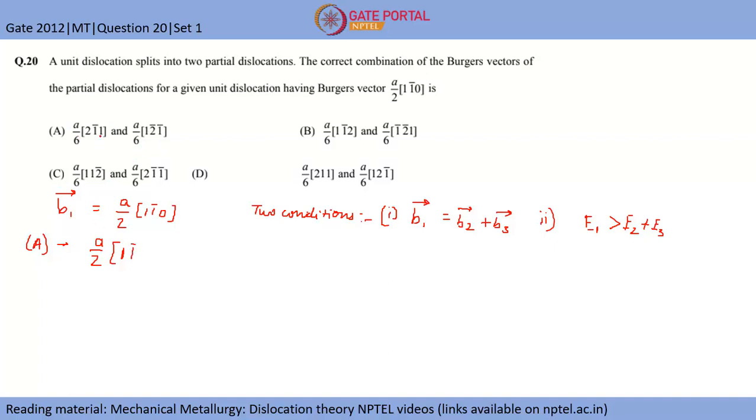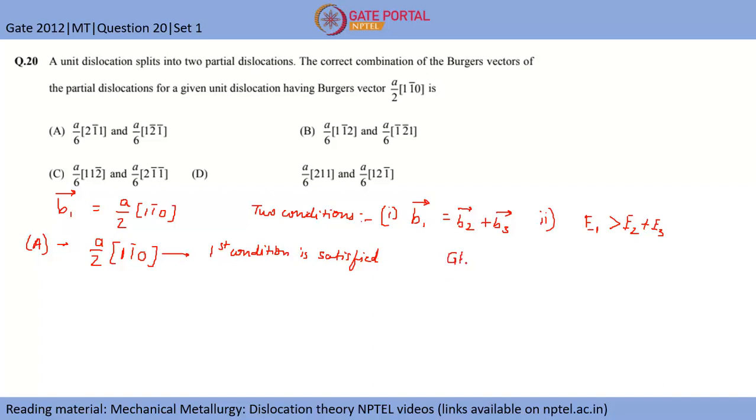Now coming to the third, z: 1 plus minus 1 is 0, 0 by 6 is 0. So this is the addition of B2 plus B3, which in turn is the Burgers vector B1 here. So the first condition is satisfied here. Now coming to the second condition, whether the energy, so energy is given by Gb square.